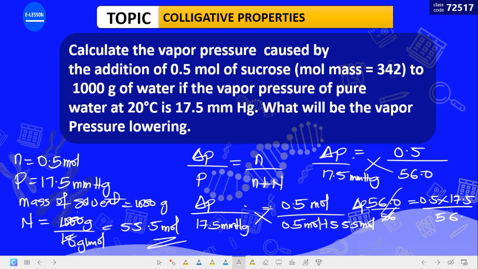Now 8.75 divided by 56 gives 0.1562. So our change in P is 0.1562 millimeter of mercury.